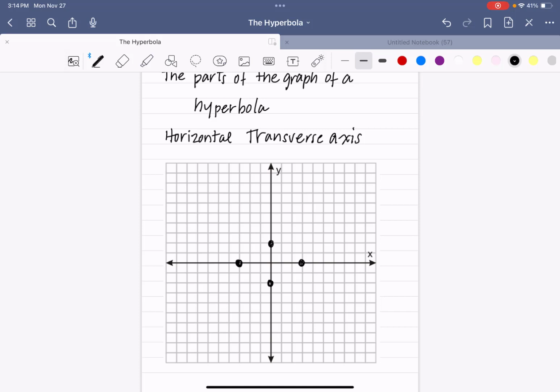Now I'm going to label this as vertex 1 and vertex 2, and these are just guide points. And what we do with that is we draw a rectangle through these 4 guide points, and then we draw in what we call the asymptotes, and those connect the corners.